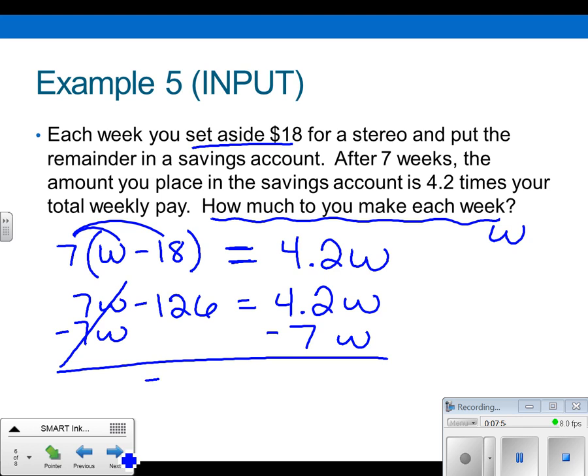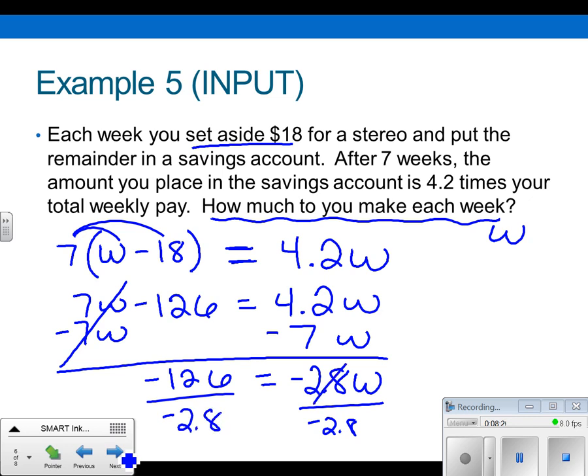So I'm left with negative 126. And 4.2W minus 7W gives you negative 2.8W, because 4.2 minus 7 is negative 2.8. And since you're multiplying, you do the opposite, you divide by the negative 2.8 on both sides.